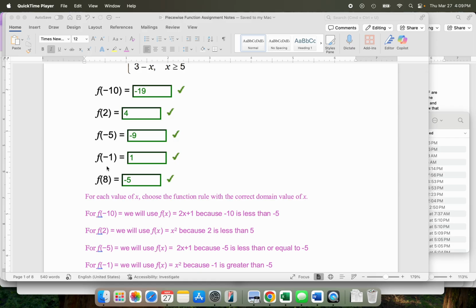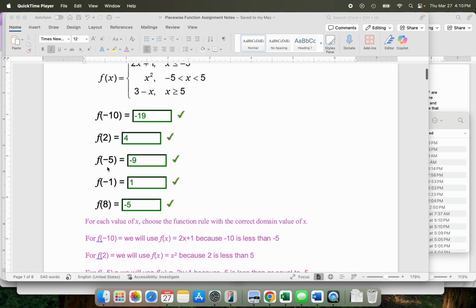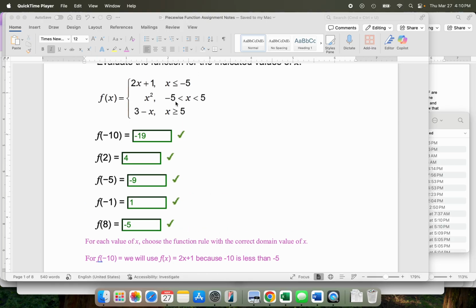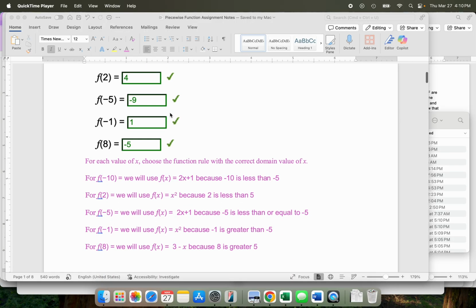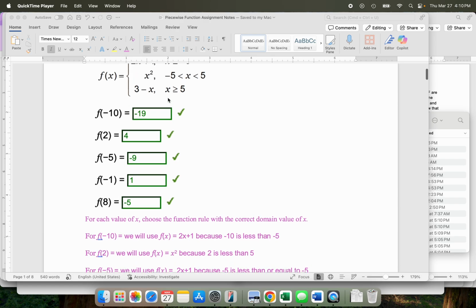Okay, f of -1, we're going to use the second one because that's where -1 fits within that domain value. And solving, we get 1. Okay, and then the last one, f of 8, it fits into the last function, so 3 minus x, because 8 is greater than or equal to 5, right?